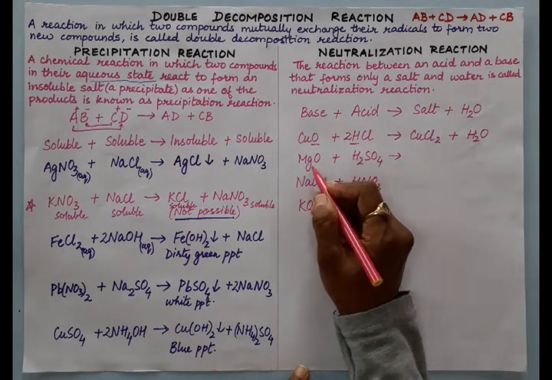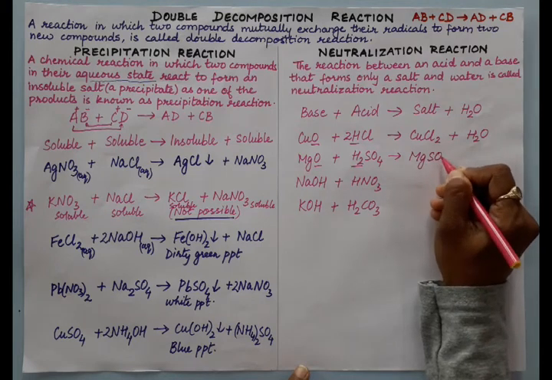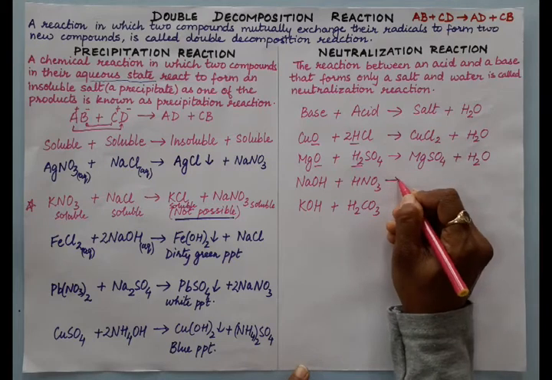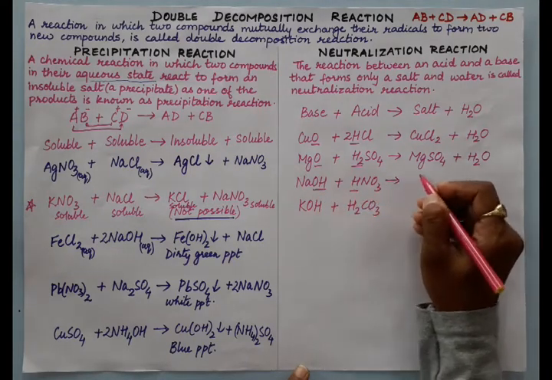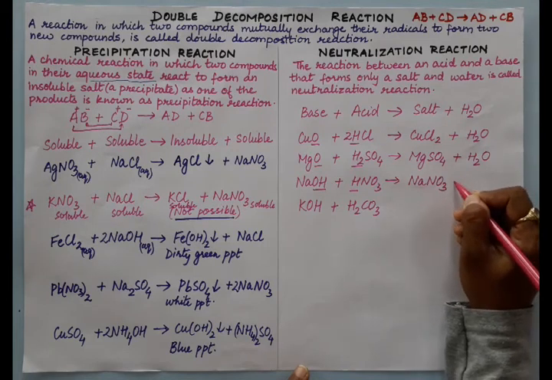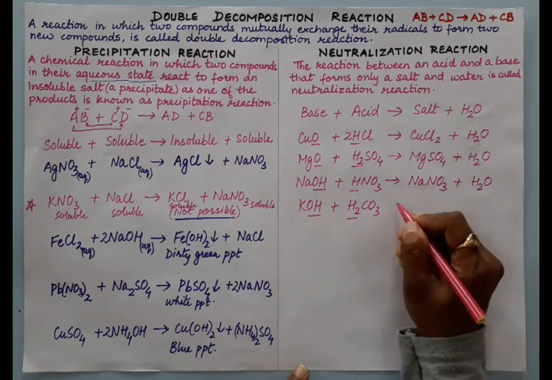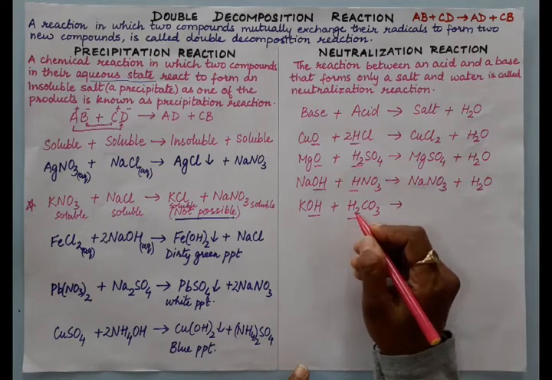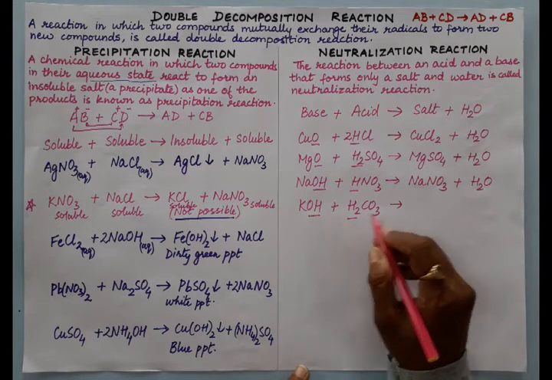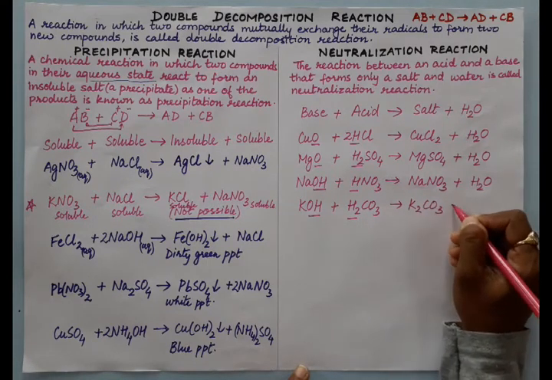Here, magnesium, you remove water, so you get magnesium sulfate plus water. Here we remove OH and H in the form of water, so you get sodium nitrate plus water. If we remove OH minus from the base and H plus from the acid, we get salt plus water.